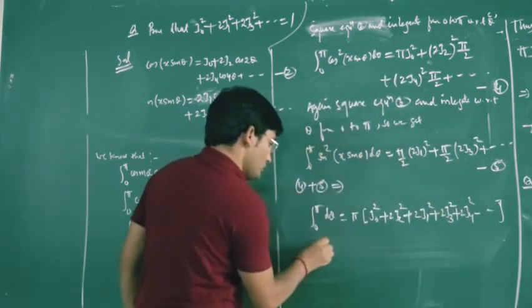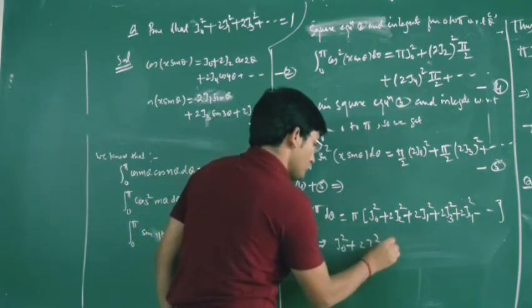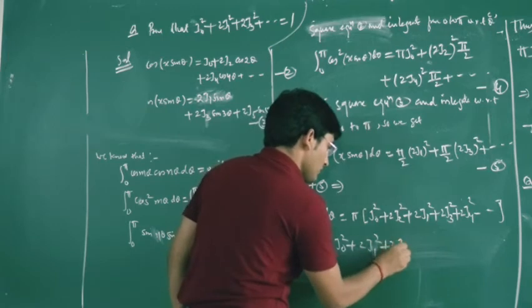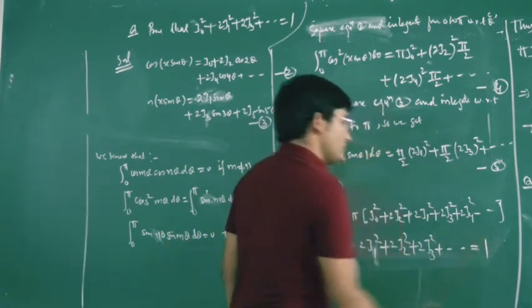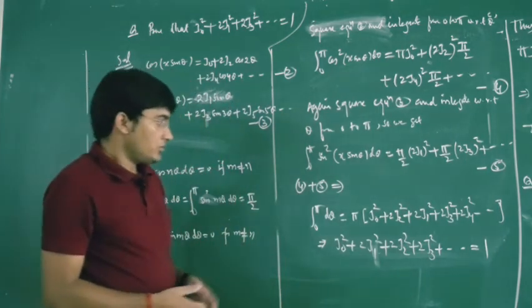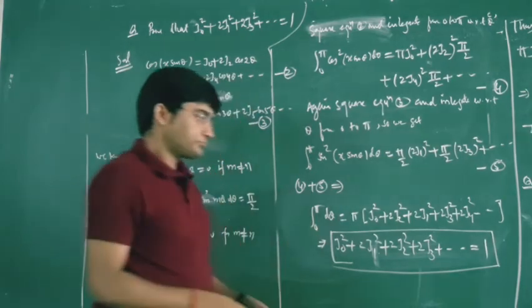So we have j naught square plus 2j2 square plus 2j1 square plus 2j3 square. The sum of all these is equal to 1.